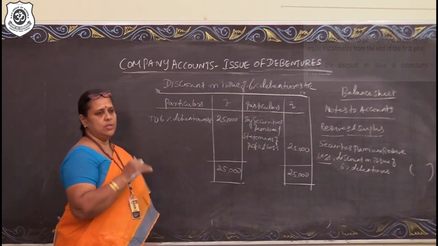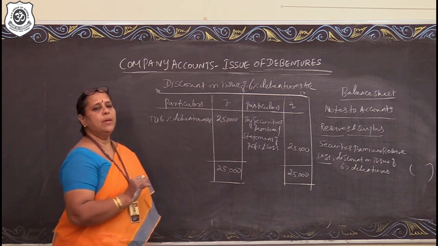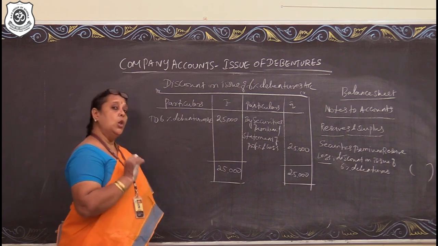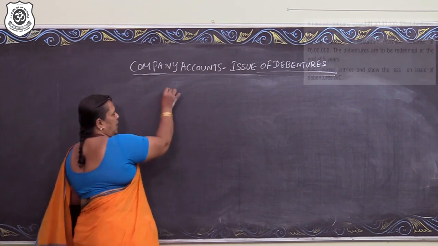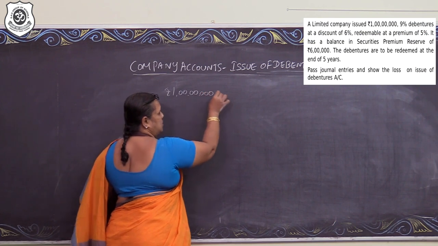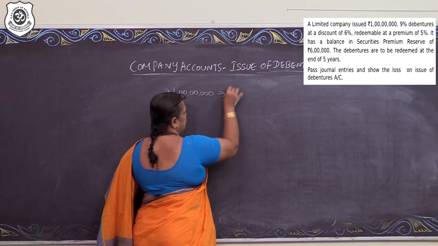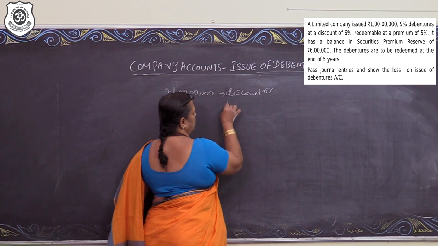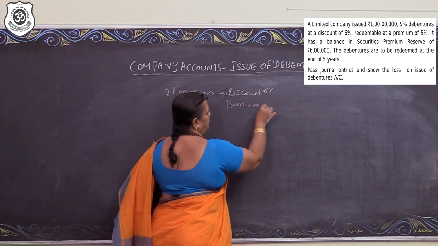In the next question, still advanced, along with discount on issue of debentures, we will have premium on redemption of debentures also. So, the title will be loss on issue of debentures account. Now, in the given question, we have rupees 1 crore debentures issued at a discount of 6% and redeemable at a premium of 5%.